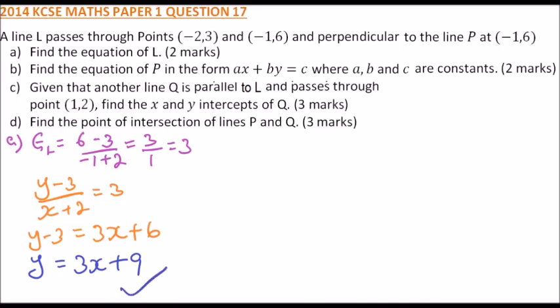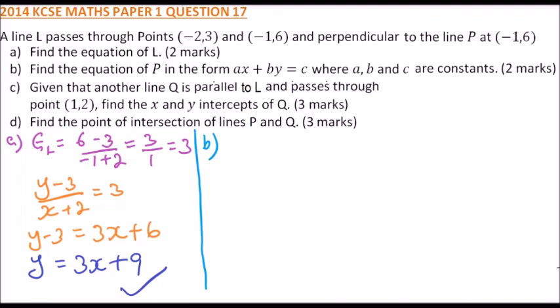We come to part B. So this is part B. Find the equation of P in the form ax plus by equals c, where a, b, and c are constants.